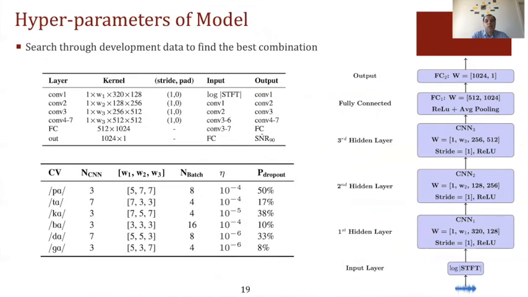Hyperparameter tuning is based on the development data. The hyperparameters include the number of layers, the weights of the layers, batch size, learning rate, and dropout for each model.